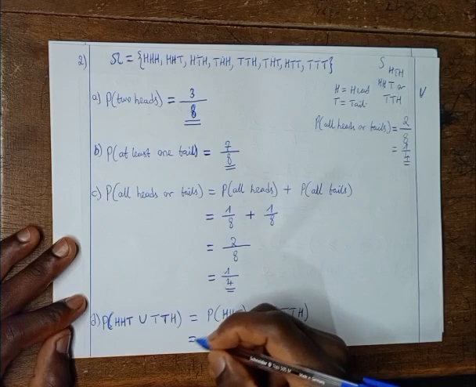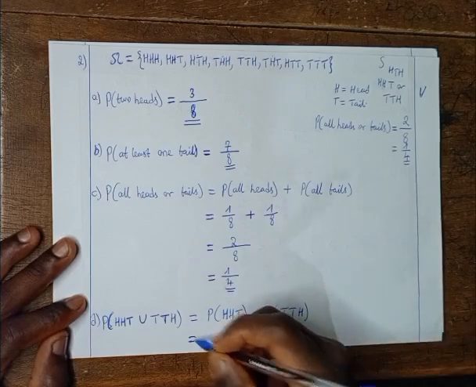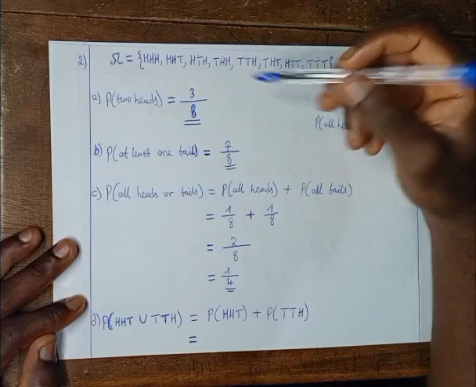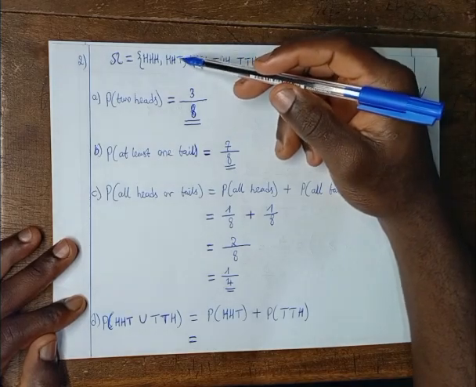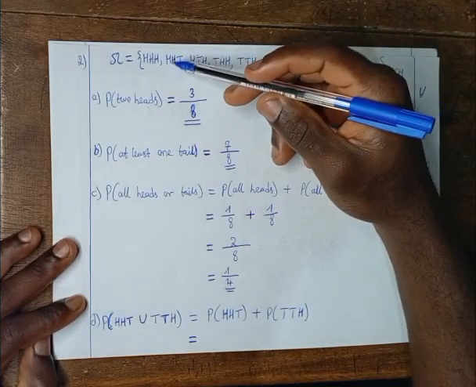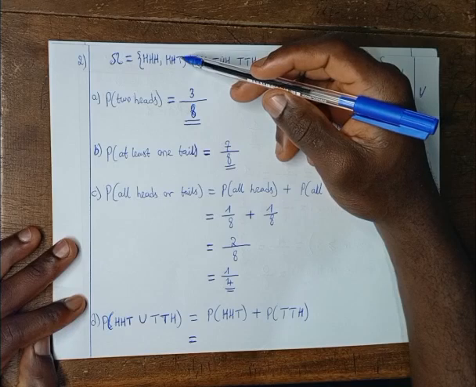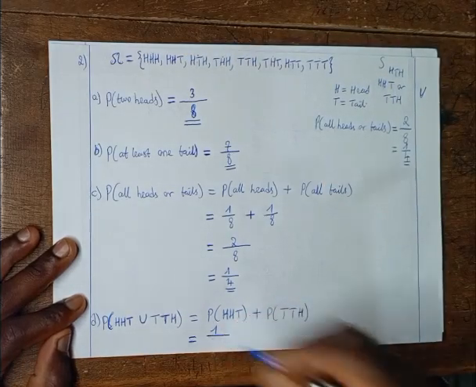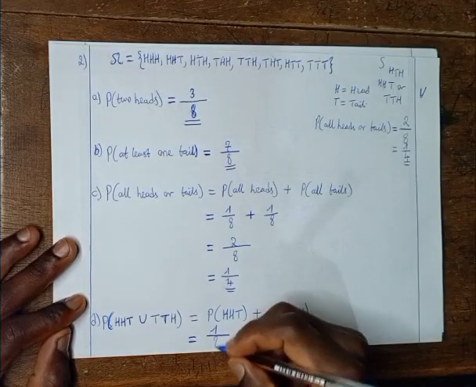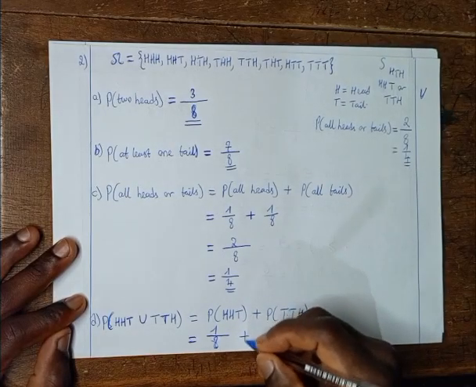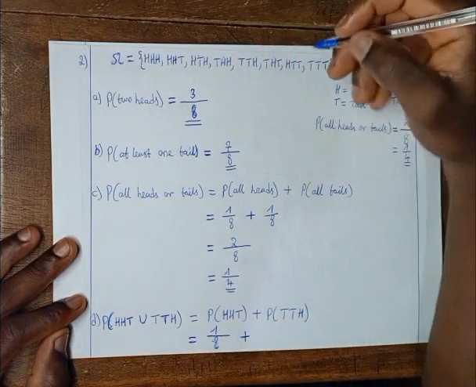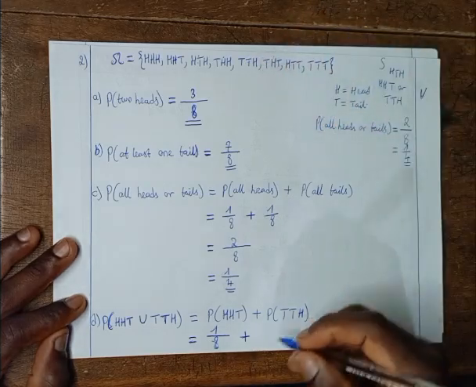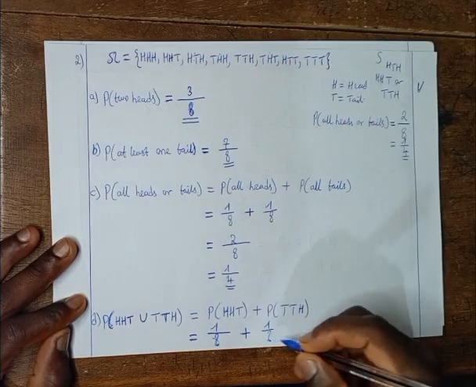If we go to our sample space, we have just one outcome where we have head, tail in that order. So the probability of getting head, tail in this order will simply be equal to 1 all over 8. 1 over 8 plus the probability of getting tail, head in that order. We have 1 all over 8.